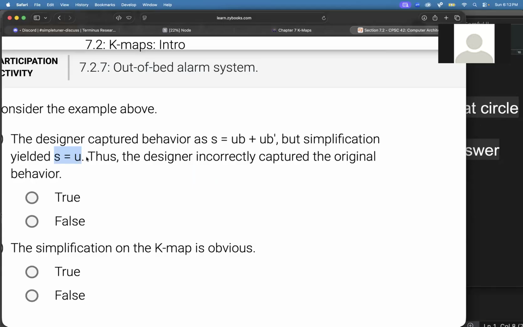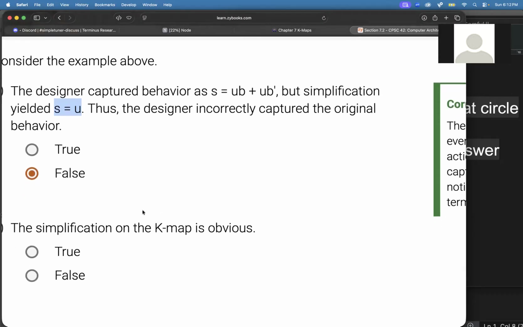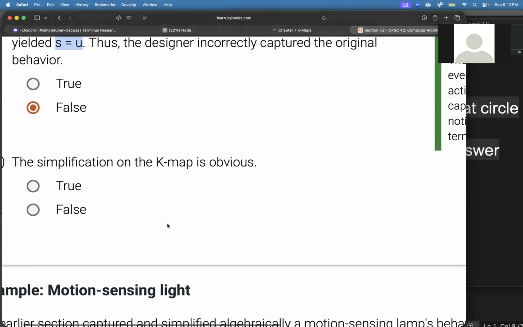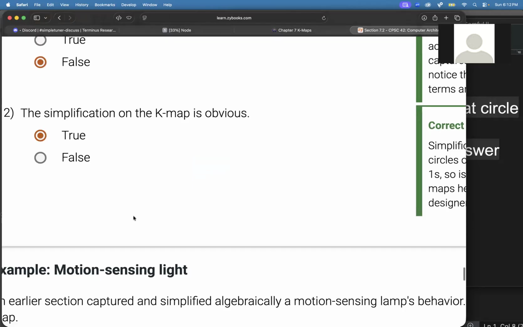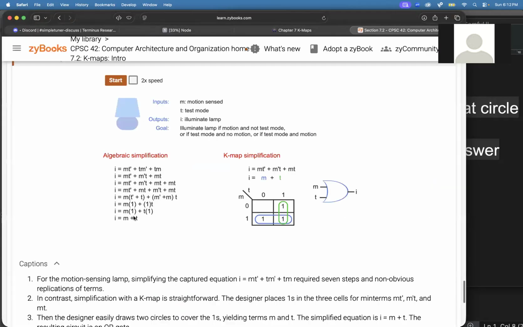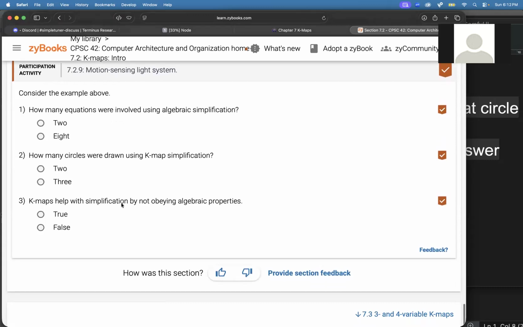Well, no. If you simplify it correctly and this is what you got, then this is what you got. It says the designer incorrectly captured the original behavior. No, you just get what you get. The simplification on the K-map is obvious. That's the point of K-maps: you don't have to do algebra. So they should be, quote unquote, obvious. All right, you can just do that.